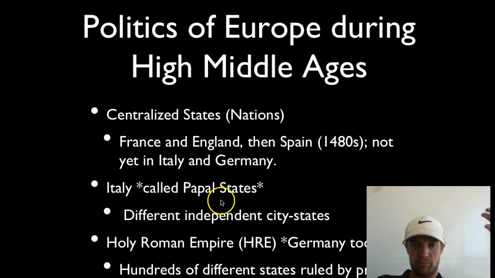Papal meaning Pope. And Italy is the home of the Vatican and Catholicism, essentially, and that's why they're called the Papal States. But there are a bunch of different independent city-states. And then you got the Holy Roman Empire, which we know as Germany today, which is hundreds of different states ruled by different princes.